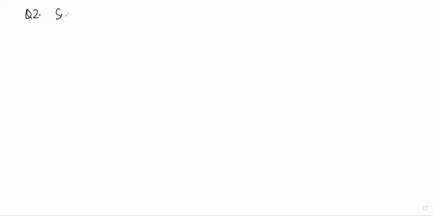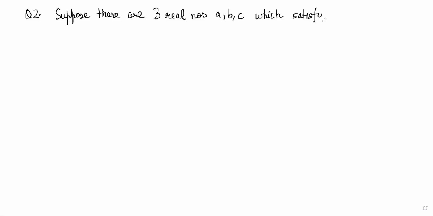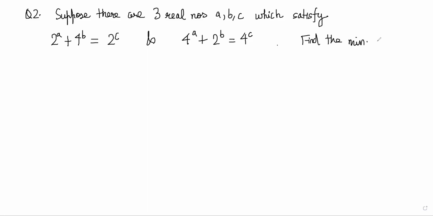Question 2 says, suppose there are three real numbers A, B, C, which satisfy 2 power A plus 4 power B is equal to 2 power C, and 4 power A plus 2 power B is equal to 4 power C. We have to find the minimum value of C.